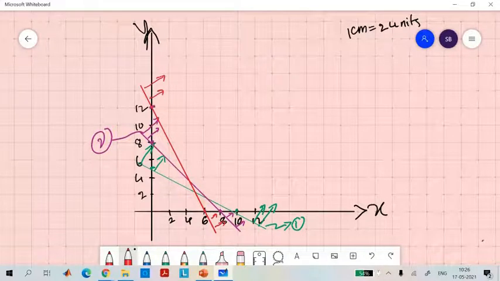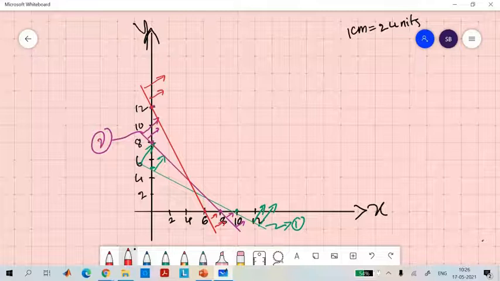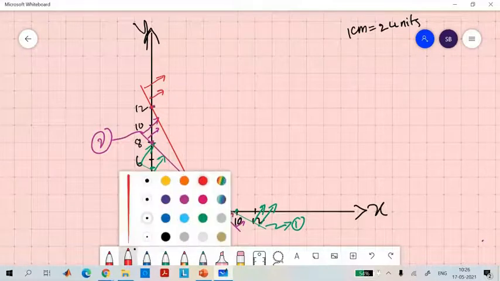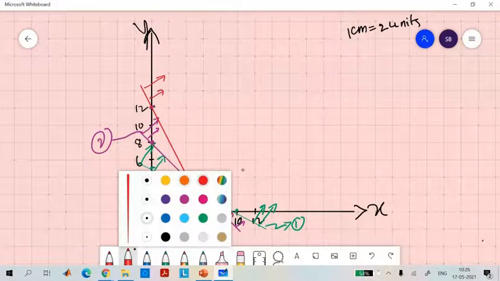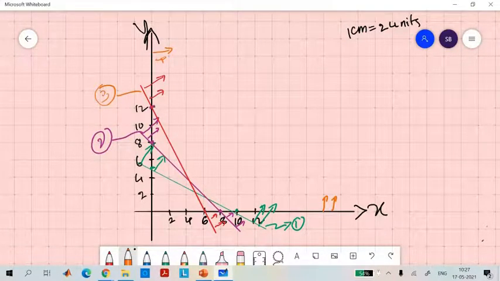Now we need to identify the feasible solution. You can see that all the lines are tending away from the origin. The x line is tending above, the y line is tending towards the right side, and the third equation is also tending towards the right side. So all are tending towards the right side.